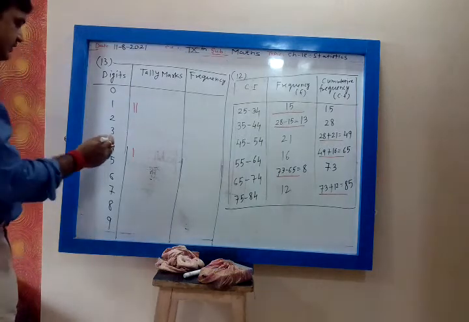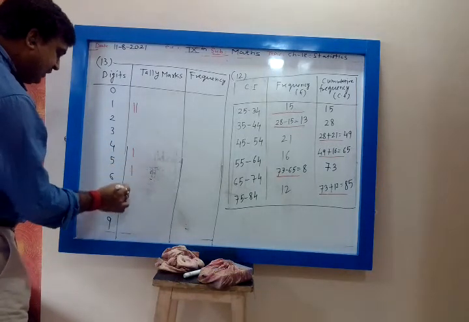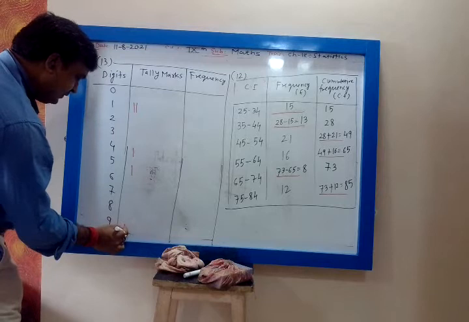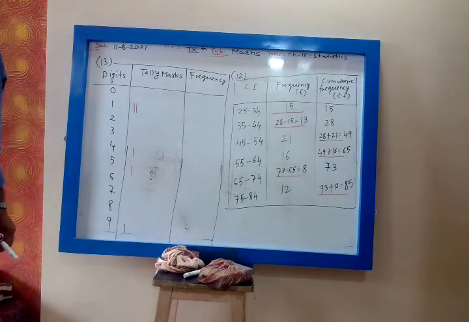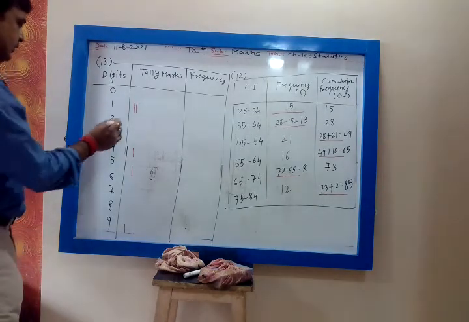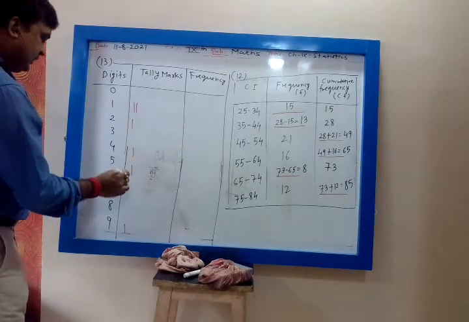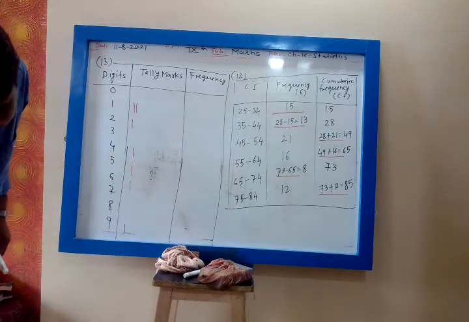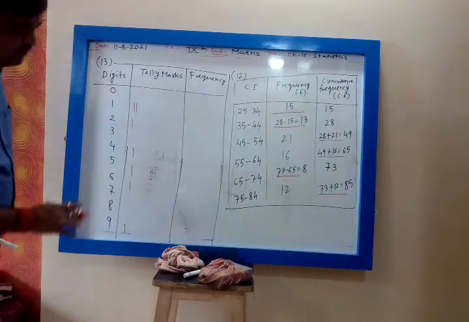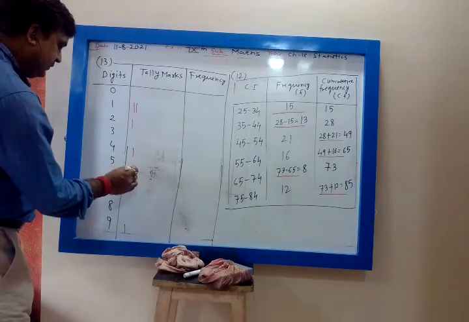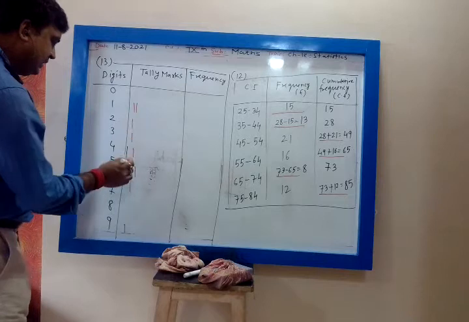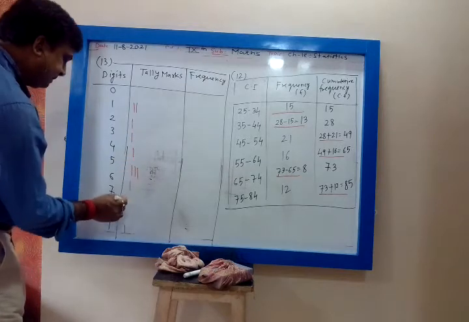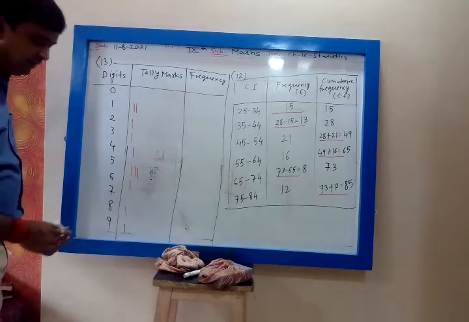Then 5, 9. Then 2, 6. After decimal, 2, 6. Then 5, 3. Then again 5, 8.